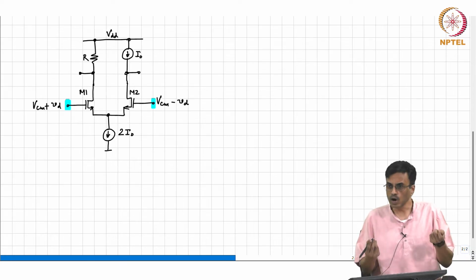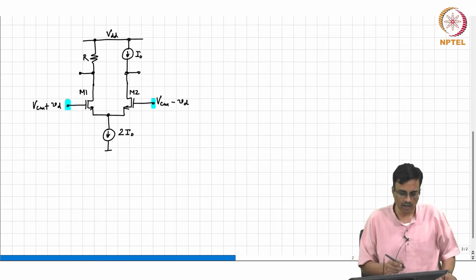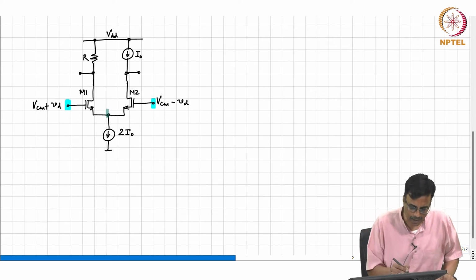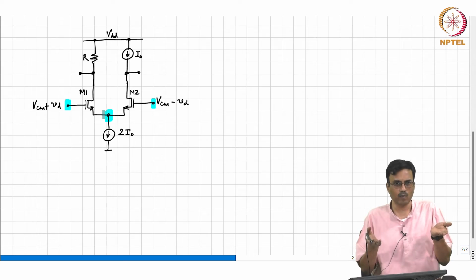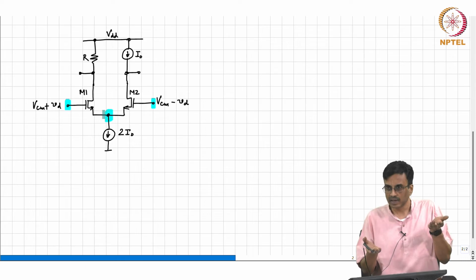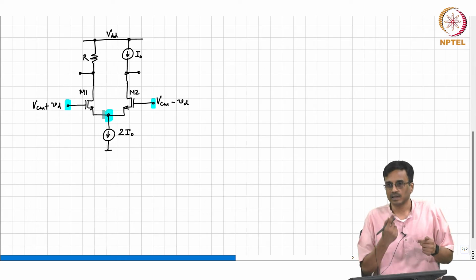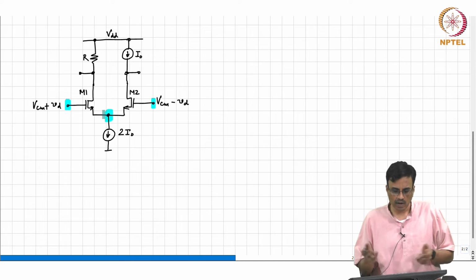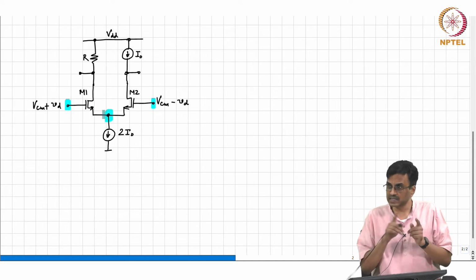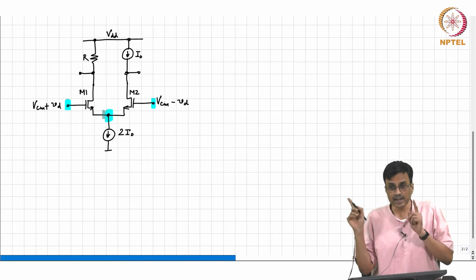Remember that M1 and M2 have the same source potential. So, if the gate potential of M1 is slightly higher than the gate potential of M2, then M1 has got a larger overdrive than M2, but the sum total of both the currents is constrained to be 2 I naught.